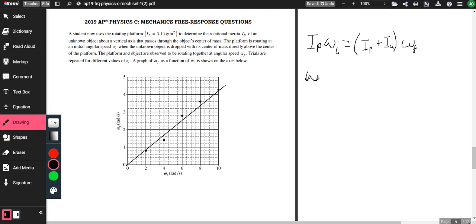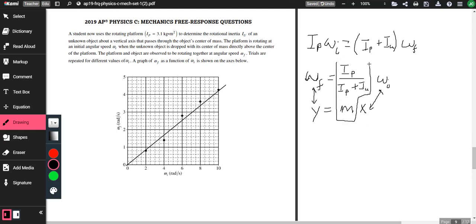If I clean this equation up, it looks like this: omega_F equals I_P divided by I_P plus I_U, times omega_I. I now have this written in the form y equals mx. My final angular velocity is y, my initial angular velocity is x, which means that my slope is going to be equal to this ratio. So if I take the slope of this line, I can set it equal to this.